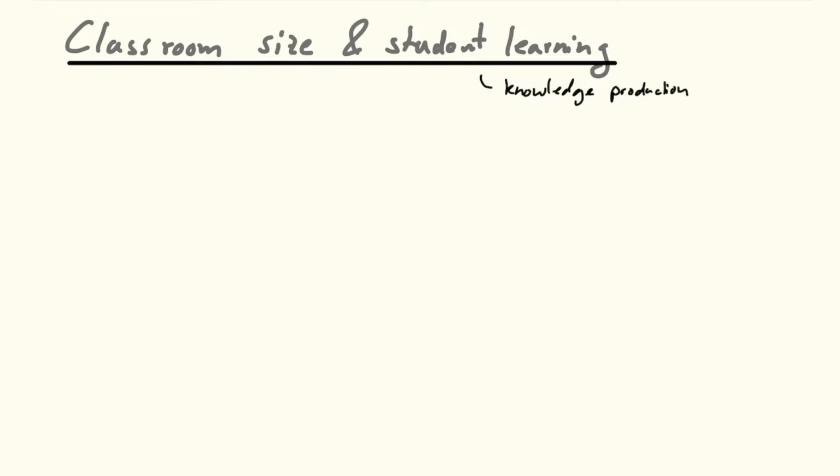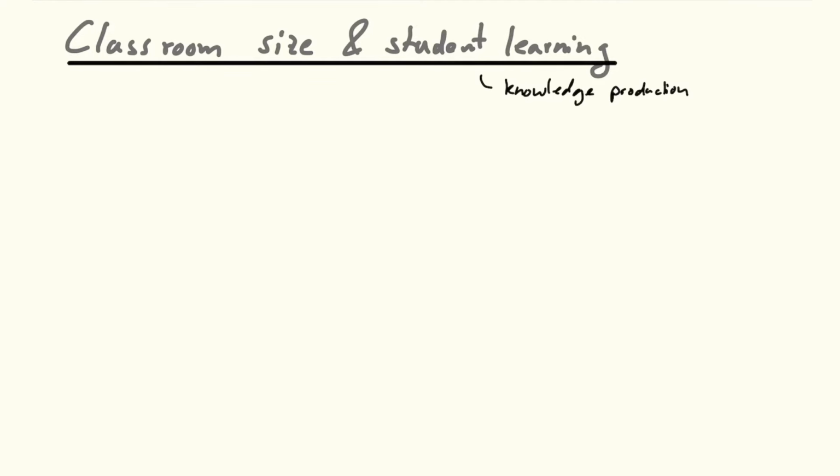Education uses scarce resources such as teacher time or study materials to produce knowledge. Many parents and policymakers believe that there's a causal relationship between classroom size and student learning. Specifically, they believe that smaller classes lead to better learning outcomes for students. Presumably because in a smaller classroom, the teacher has more time to focus on the individual student.